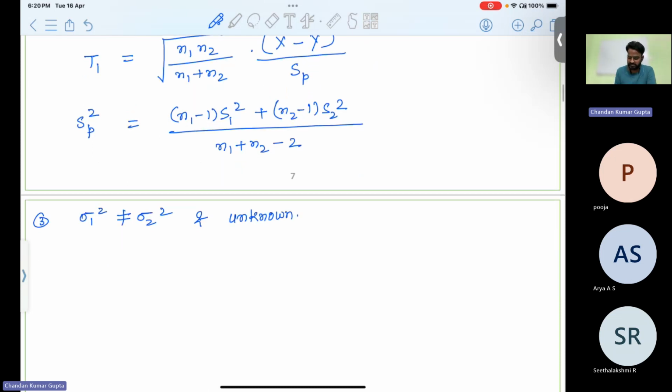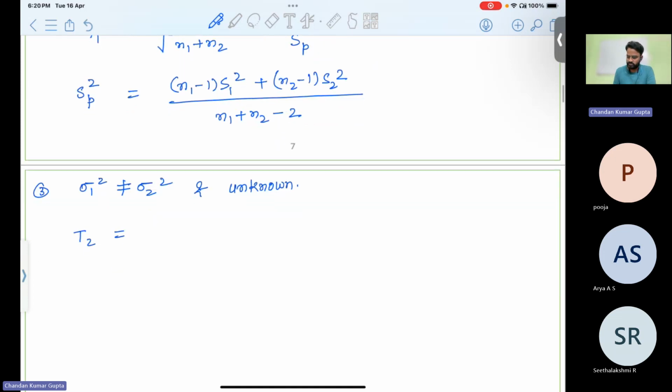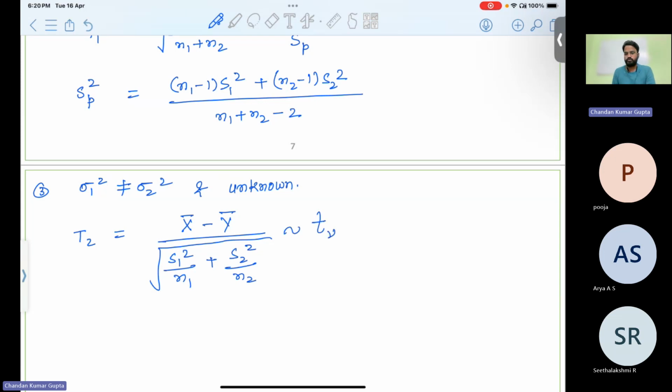In that case, the test statistic, suppose T2, is x bar minus y bar divided by the root of s1 square upon n1 plus s2 square upon n2. This follows a T distribution with nu degrees of freedom.